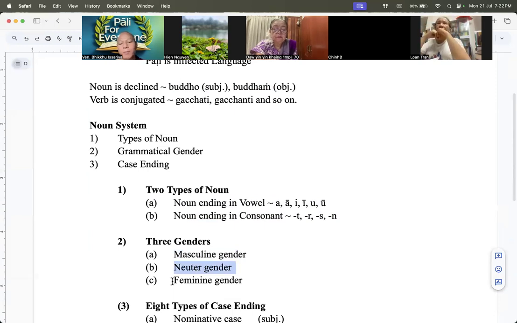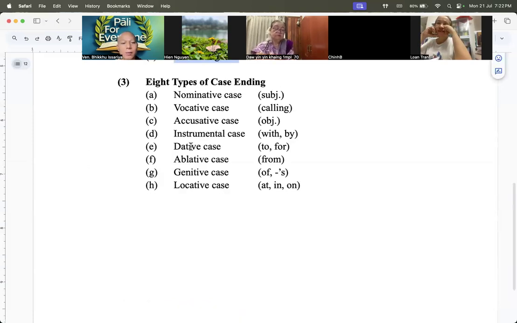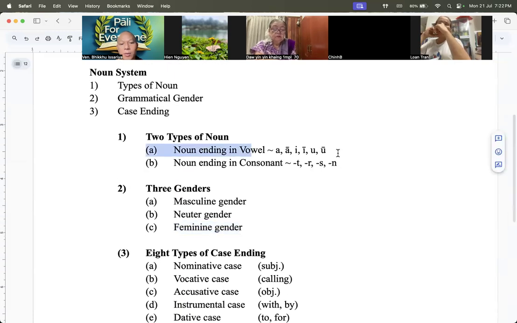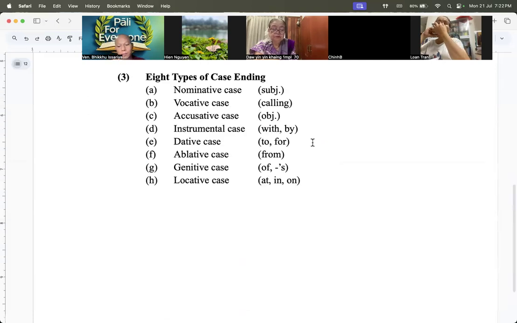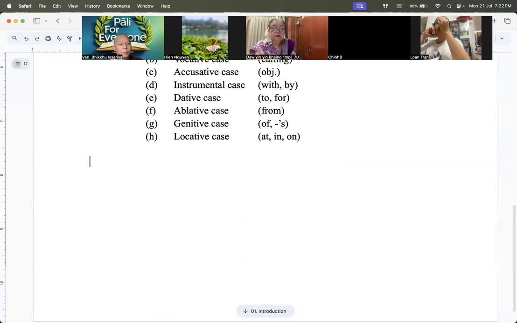But for the feminine gender also will be like mala, kanya, not Marlin, not Marlo, not Ganyo. So in this way. So that is why, the first one, now we will learn that. So now about the ending. Okay.